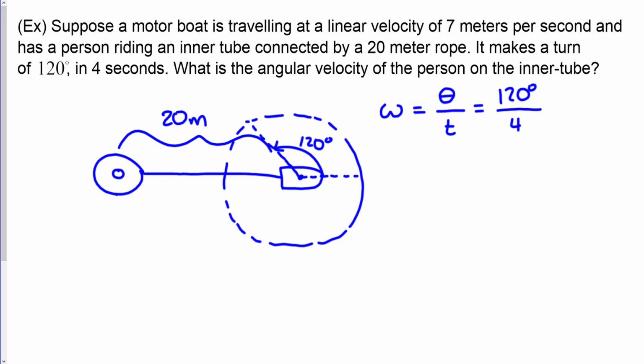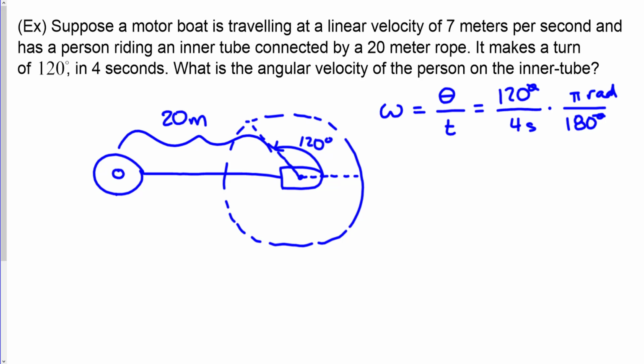But angular velocity only really works if you're dealing with radians, so we just need to convert that into radians. I'm going to multiply this by 180 degrees in the denominator so that the degrees cancel out, and pi radians in the numerator, so that I have radians in the numerator and seconds in the denominator. And so my angular velocity will be measured in radians per second.